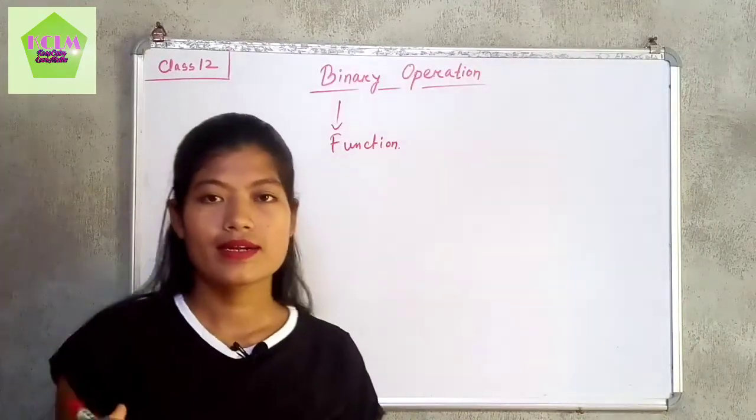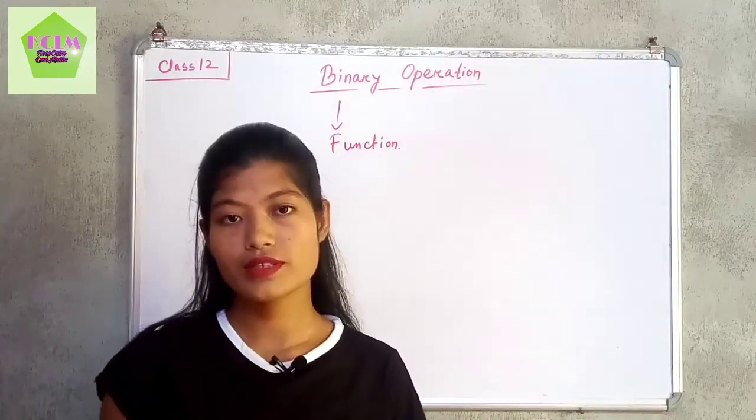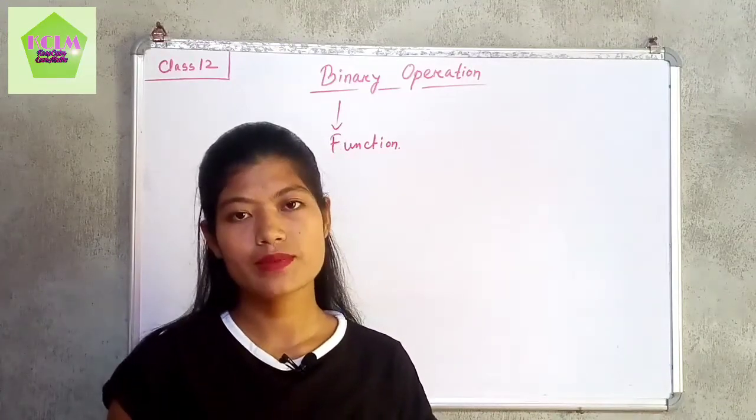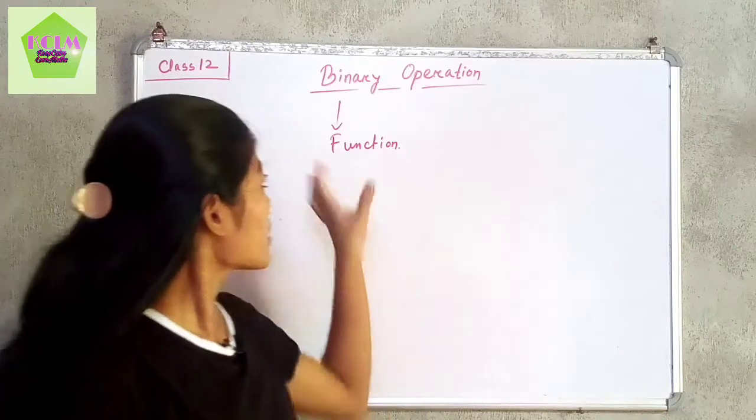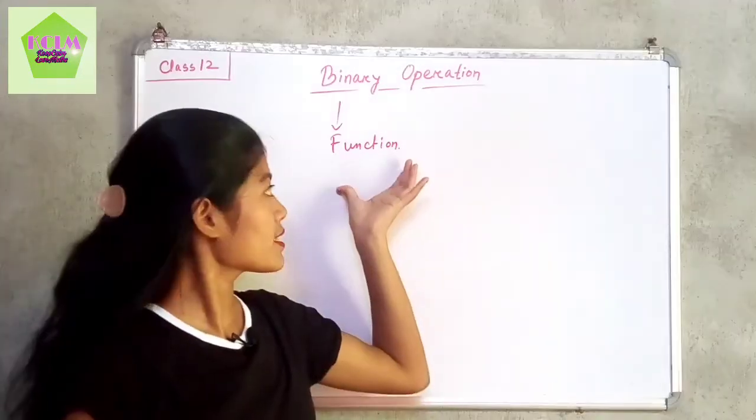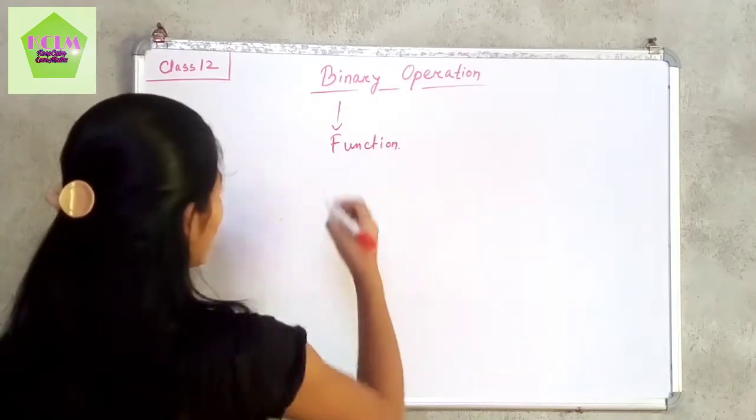As we have learned how a function is formed, how a composite function is formed, how an invertible function exists, here this binary operation is a kind of function, and it is defined on a set.